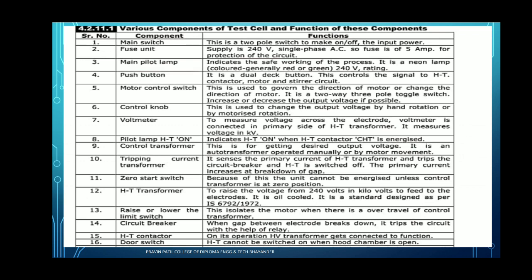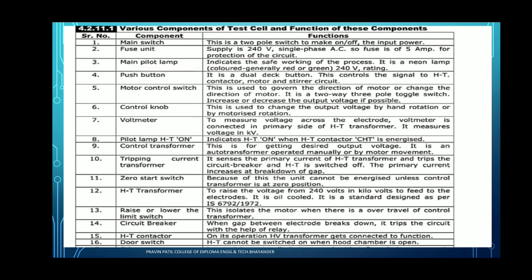Next, main pilot lamp. That lamp indicates the safe working of the process. It is a neon lamp, generally red or green in color, and the rating of that lamp is 240 volt.